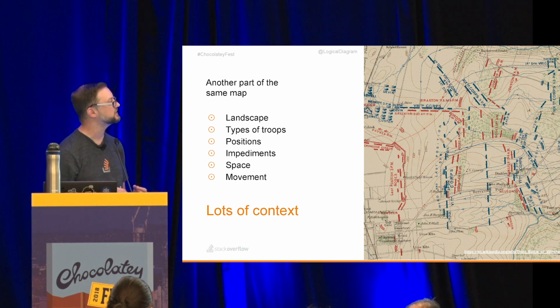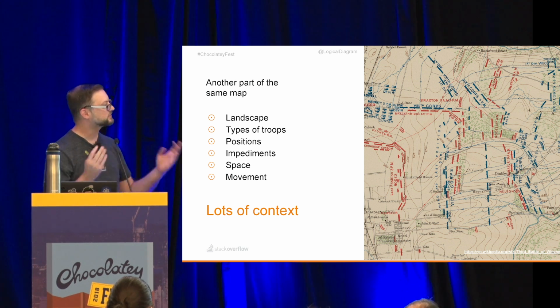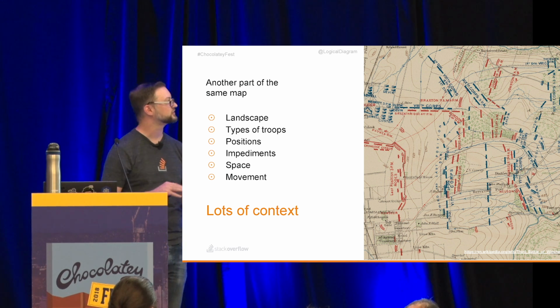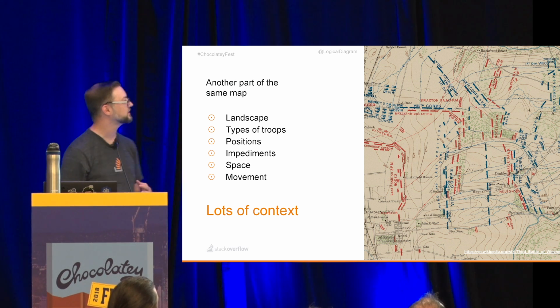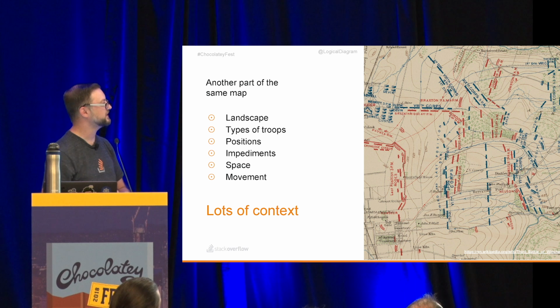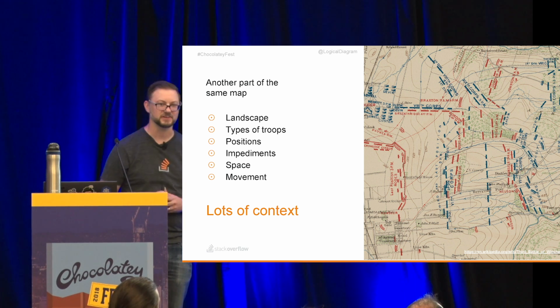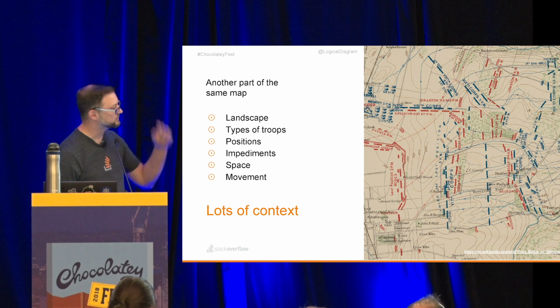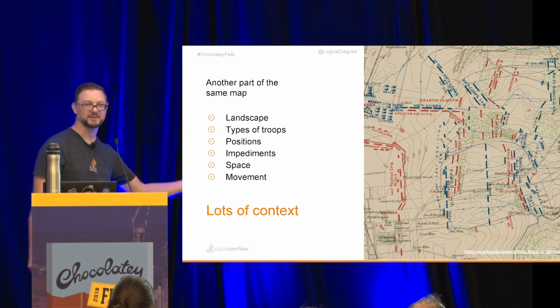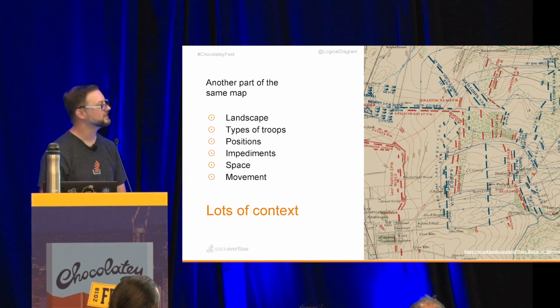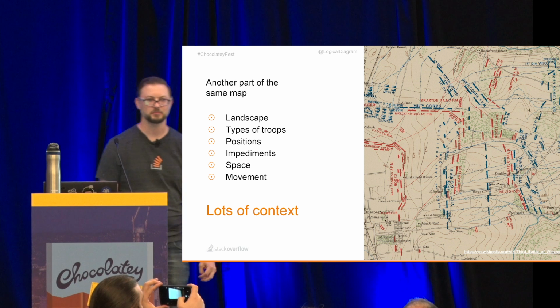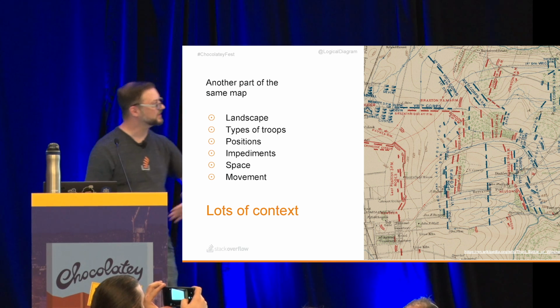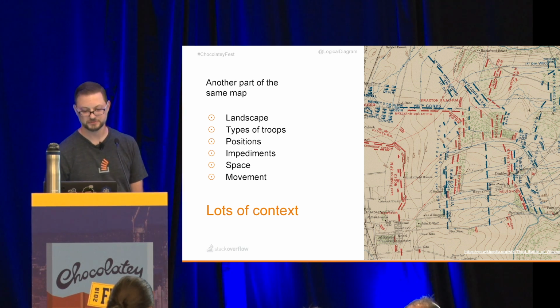It's got topology, the types of troops, the commanders, their movements, their positions over time, the space between them. It shows impediments like wooden fences versus stone fences, roads. If you're trying to make a decision, this is a perfect map to have if you're leading troops.